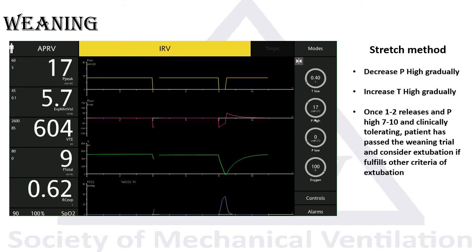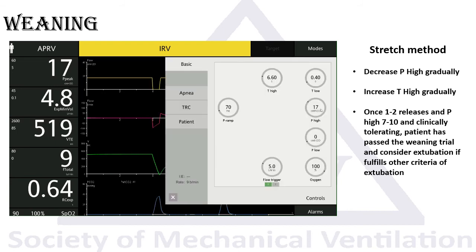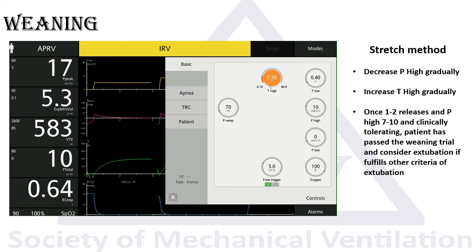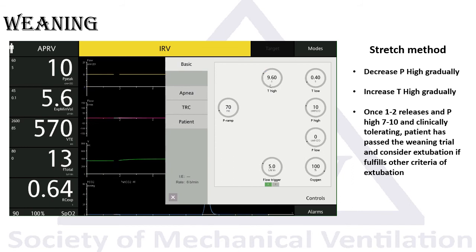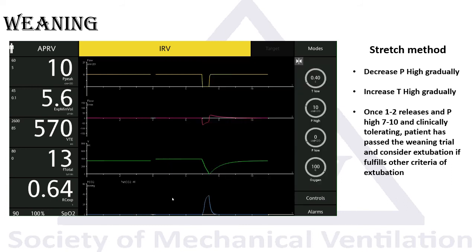So again, on pressure of 17, we'll keep coming down, and usually once you're around 7 or 10 of pressure high, and for example, 4 or 5 releases, and the patient is doing well, hemodynamics okay, oxygenation okay, the release volume is okay, and of course you have to follow your extubation guidelines.